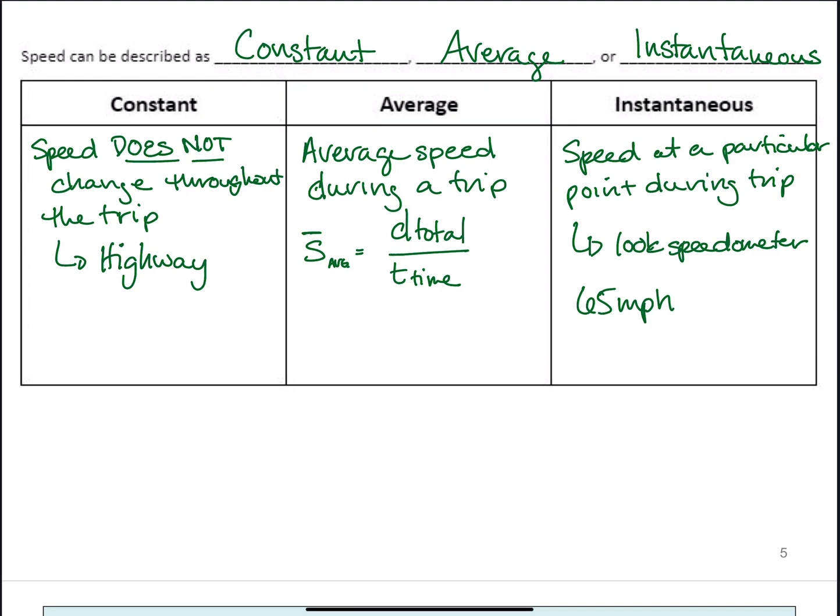That would be an example of an instantaneous speed. It's only good for that one time point where you look down at that speedometer. At any other time, you may look down and be going 75 miles per hour or 55 miles per hour. So constant, average, and instantaneous speeds are terms that are going to pop up throughout our unit when we talk about what type of motion an object is undergoing. So having an idea of what those 3 terms mean is going to be good.